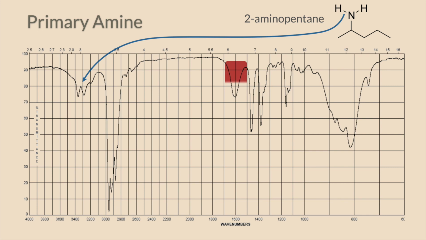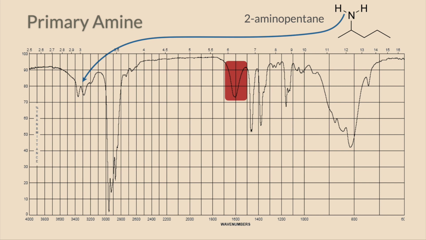Additionally, this will have what is known as a deformation band around 1590 to 1650 wave number. If there is nothing that will disturb this region, then you can identify that one for an NH. It is still an NH stretching, but it is a deformation band.